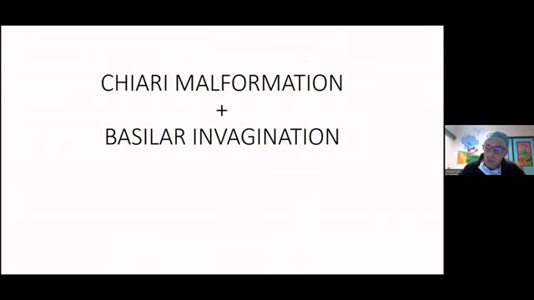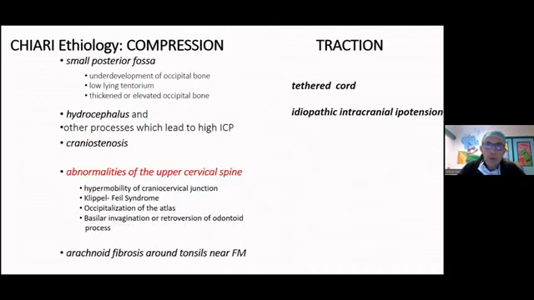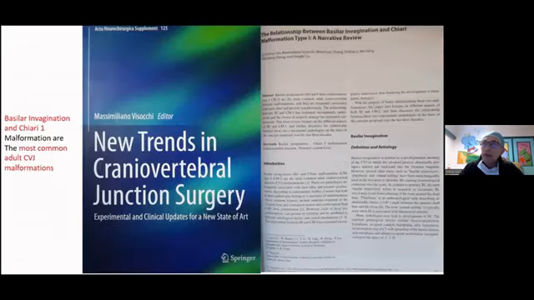Chiari malformation, basilar invagination, two important concepts, two different terms for the same pathophysiological disease. As we know, Chiari is due to compression and traction as well. Among the compression group, abnormality of the upper cervical spine is responsible for Chiari 1.5.